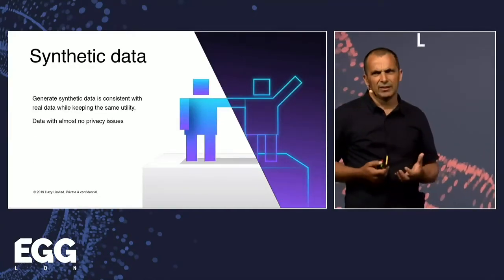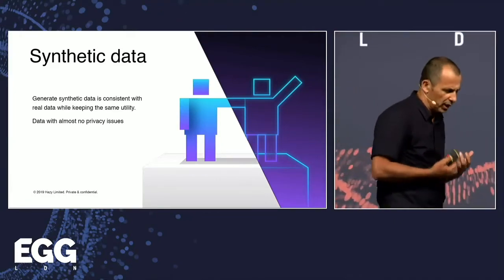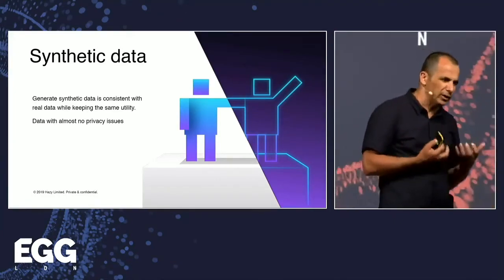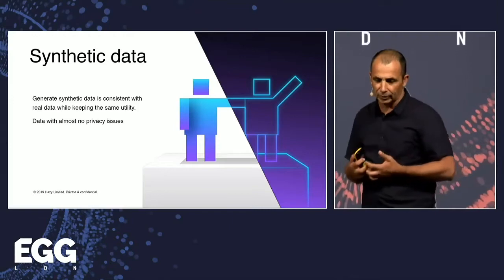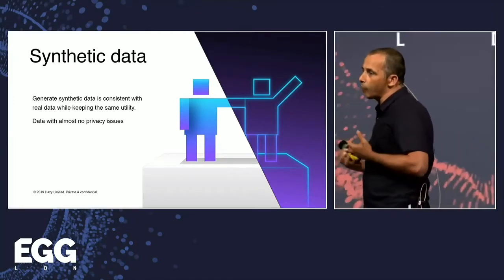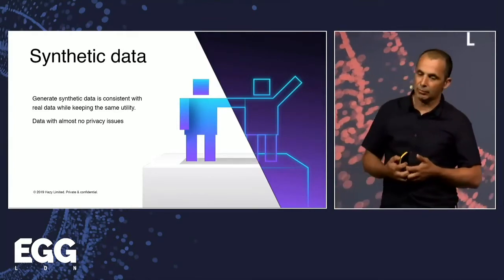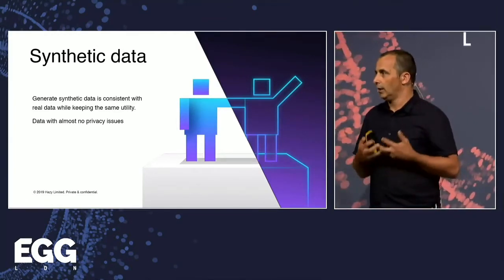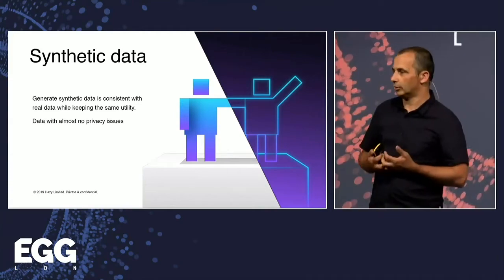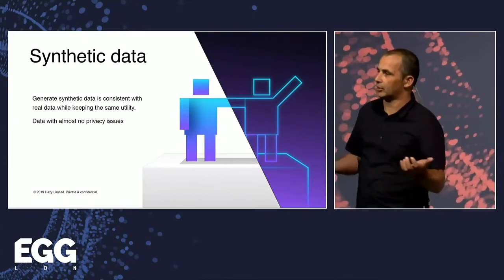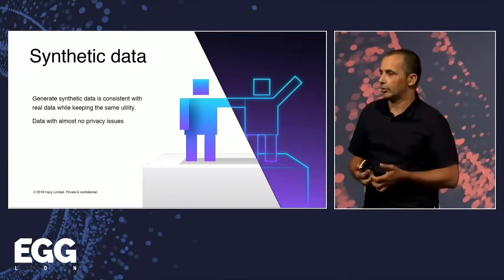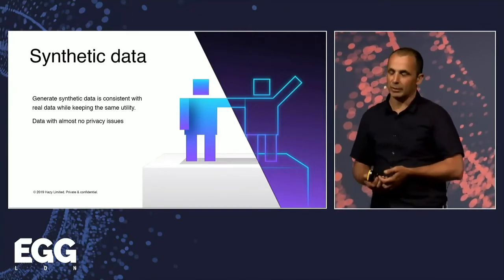So the idea behind synthetic data is to create data that looks like real, but is not real, and it will help you solve your problem without relying on real data. Why? Because real data has privacy issues. So we cannot disclose our bank transactions to third parties because that will put us in big troubles.